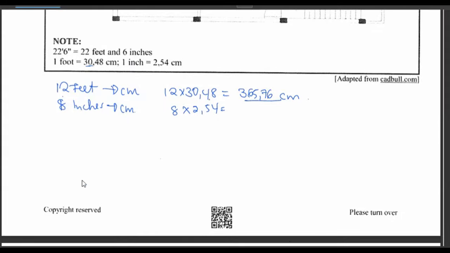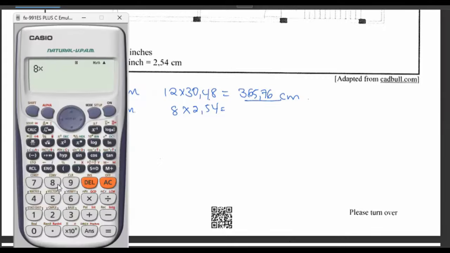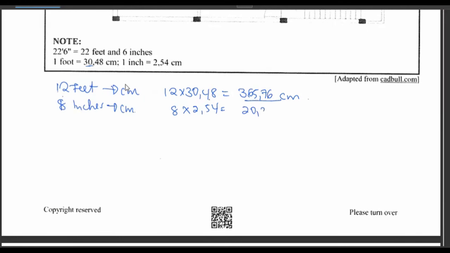Then the other one is 8 times 2,54. We have the answer as 20,32 centimeters. So both of them now are centimeters. What do we do? We add them up.